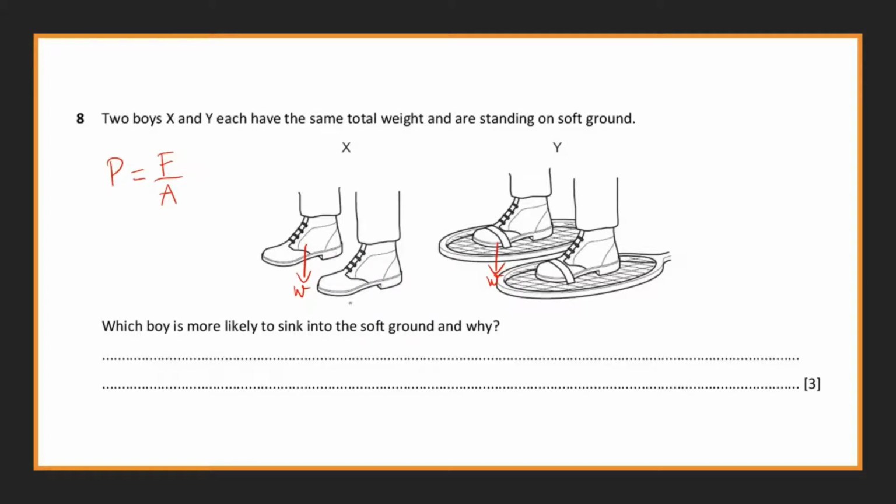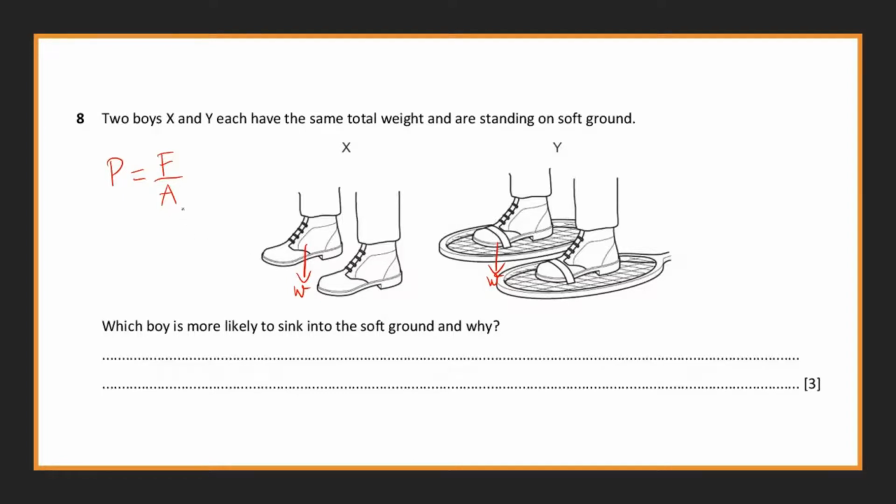Boy X has less contact area compared to boy Y. We can see in the figure that boy Y is wearing special snowshoes. Snowshoes, of course, have larger contact area compared to just regular shoes.